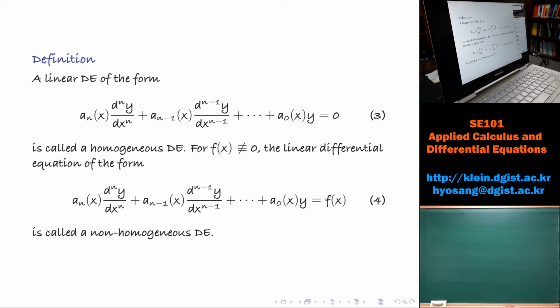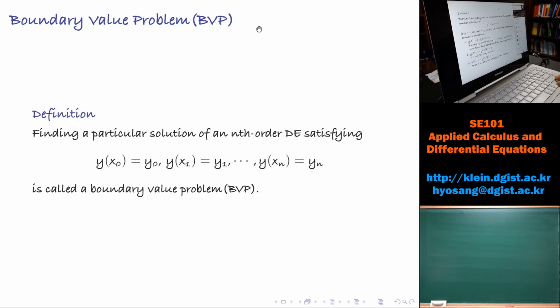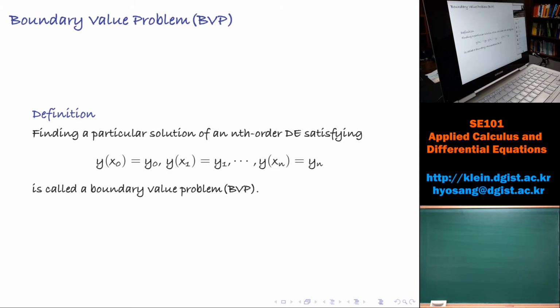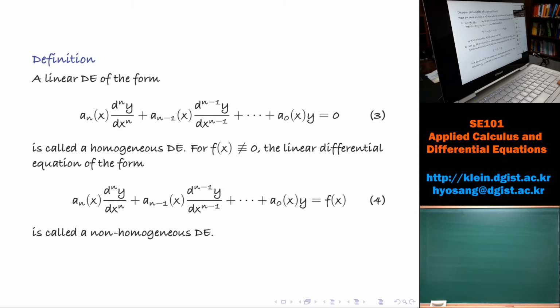And we talked about the uniqueness of the solution of a linear differential equation with initial conditions: if you have n initial conditions, for each derivative up to the n minus 1 order derivative, then the solution is unique. So our purpose is to find such a unique solution, or a general solution which can determine the unique solution.